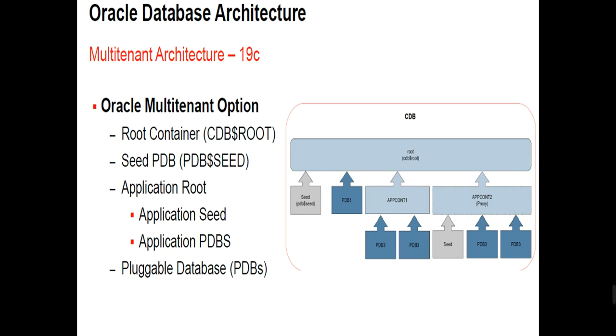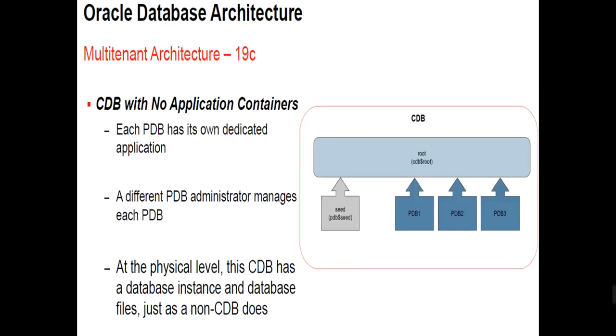Multi-tenant architecture 19c. The Oracle multi-tenant option has the root container CDB$ROOT, seed PDB$SEED, application root, application seed, application PDBs, and pluggable databases PDBs. Here you can see the CDB root, the PDB seed, the application container, and again PDBs. This slide shows the multi-tenant architecture of a CDB with no application container.